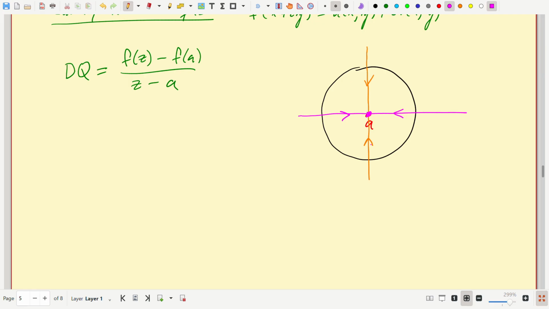So if the difference quotient exists, if f prime exists, then those limits, the orange limits and the purple limits, would have to agree. It's going to be an exciting thing that that's all you have to check. If they do agree, then the thing is going to be complex differentiable. If f prime exists, the horizontal limits and the vertical limits exist and are the same.